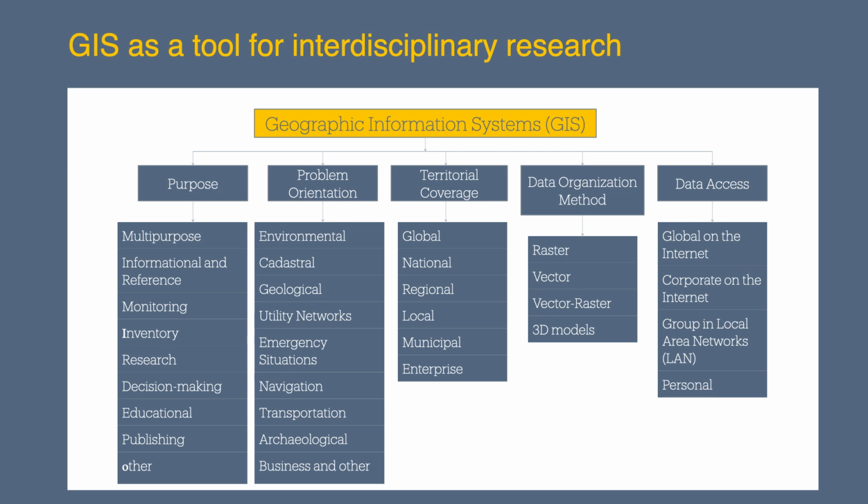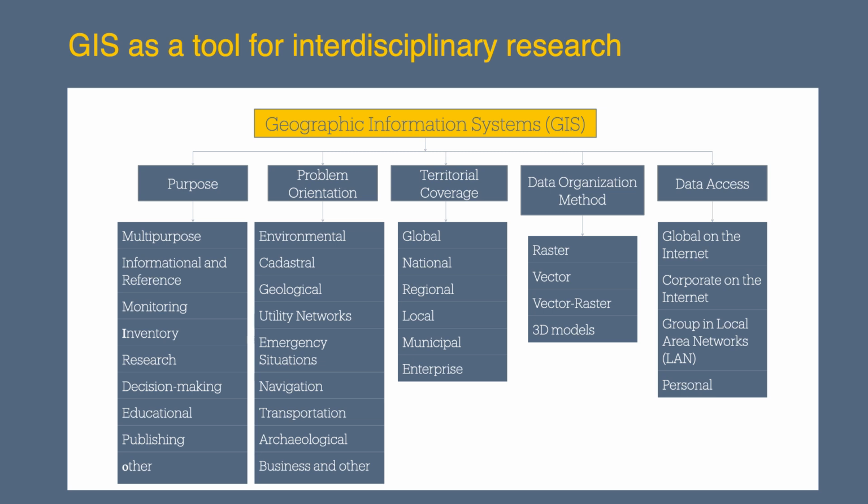Regarding problem orientation, GIS can focus on solving specific problems such as ecology, cadastre, geology, engineering networks, emergencies, navigation, transport, archaeology, and business. GIS vary by coverage, from global systems that cover the entire planet to national, regional, and local systems used at the level of specific municipalities or enterprises.